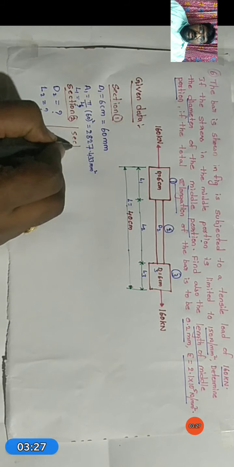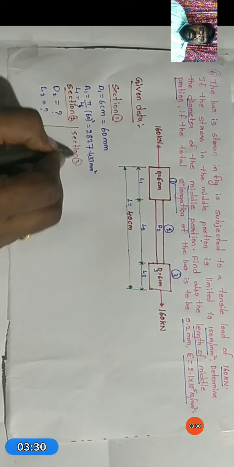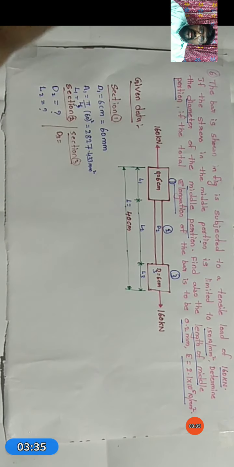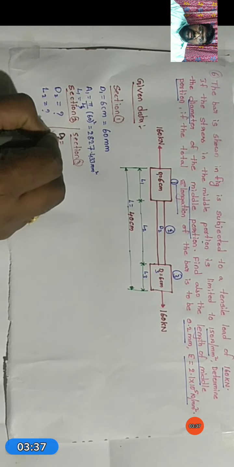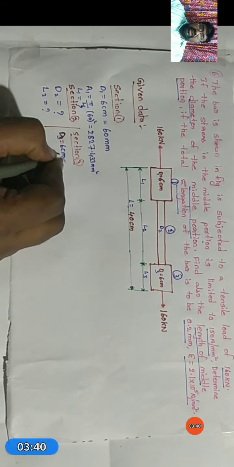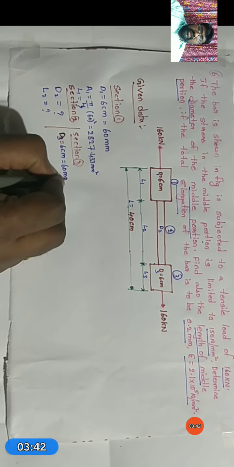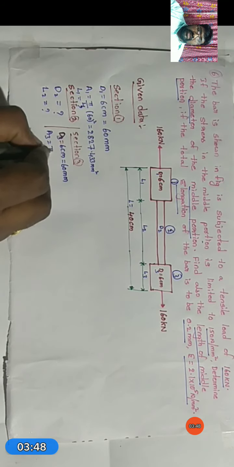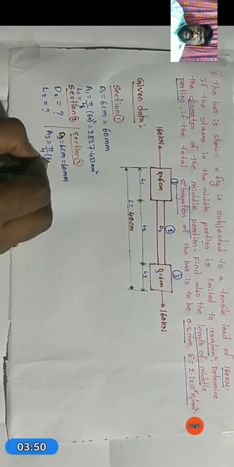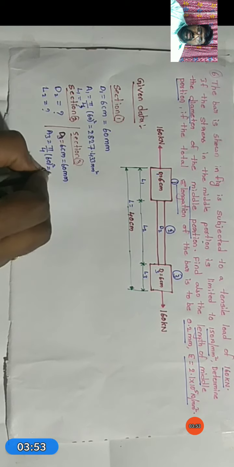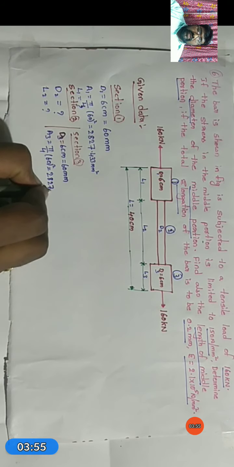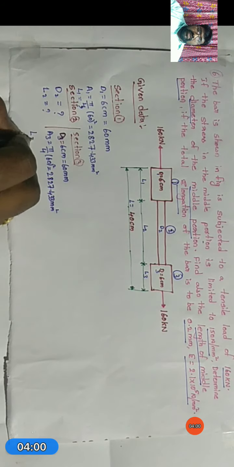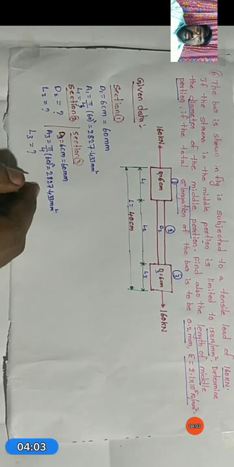Similarly, for section 3 the diameter is 6 centimeters because section 1 and section 3 are the same. That is 6 centimeters, convert it into millimeters, that is 60 millimeters, and the area is the same, that is pi by 4 into 60 square, which gives the value 2827.433 millimeter square. L3 we need to calculate.